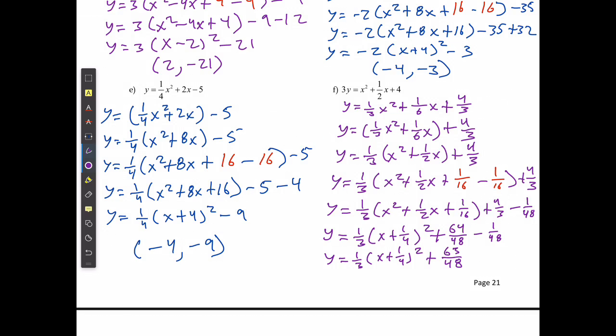And in this case, because both the numbers are divisible by 3, y is equal to 1 over 3 x plus 1 over 4 squared plus 21 over 16 in my reduced form. My vertex occurs at negative 1 over 4 and positive 21 over 16.